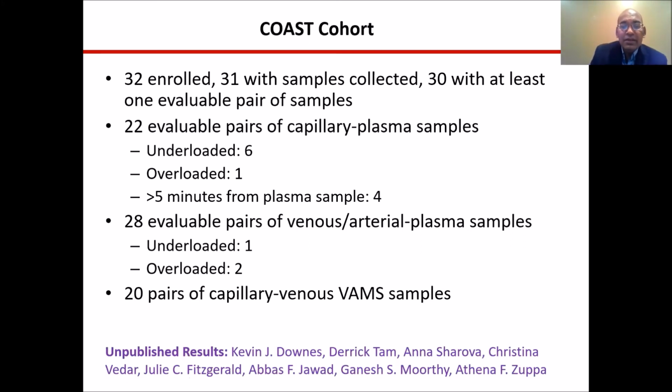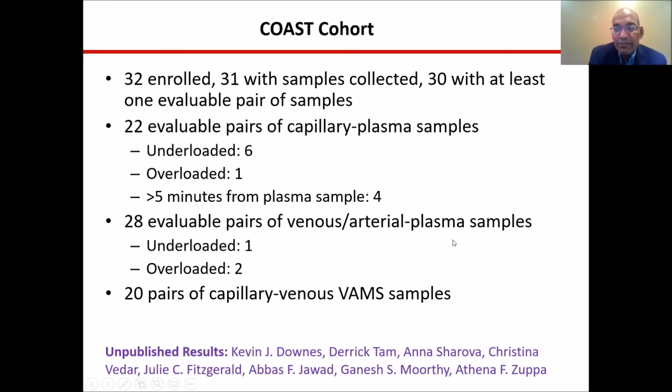And there are a few cases where the sample collections were more than 5 minutes apart, which again resulted in not being close enough to make a good correlation. So out of the 28 evaluable pairs of venous arterial plasma samples, 1 was underloaded and 2 were overloaded. So overall, at the end, we had 20 pairs of capillary venous VAMS samples.